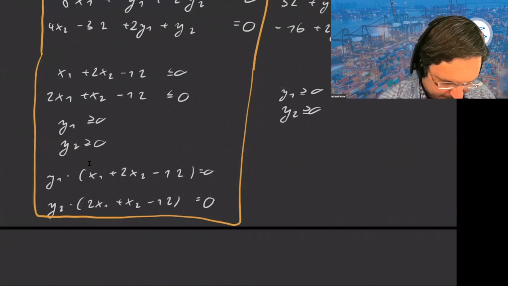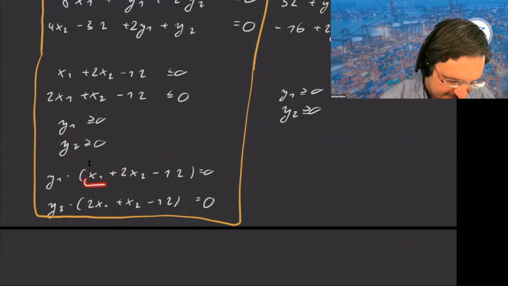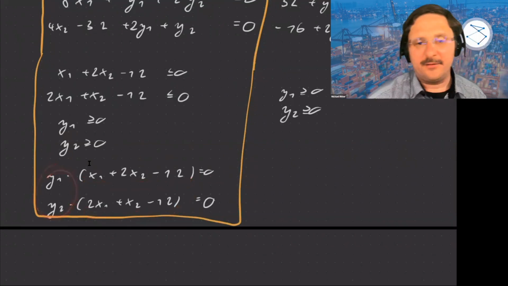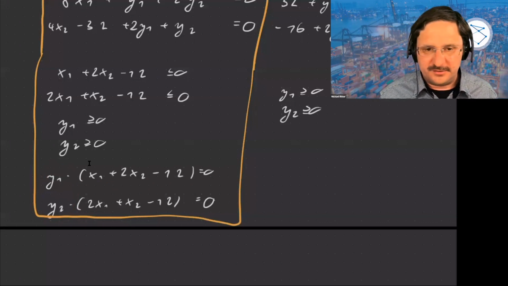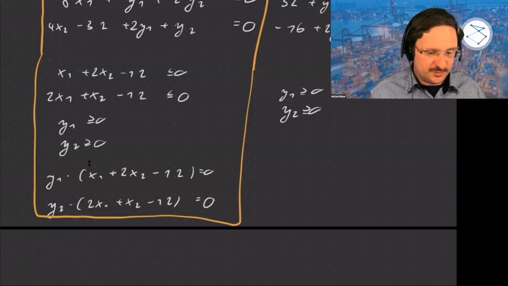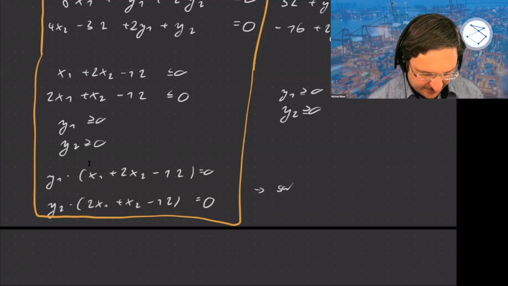And finally, for these conditions here, we already have established that this is 0 and this is 0. So the y's can really be anything. They don't have to be 0, and they don't have to be greater than 0. They could also be 0, but they don't have to be. So these are satisfied anyway for every possible choice of y.